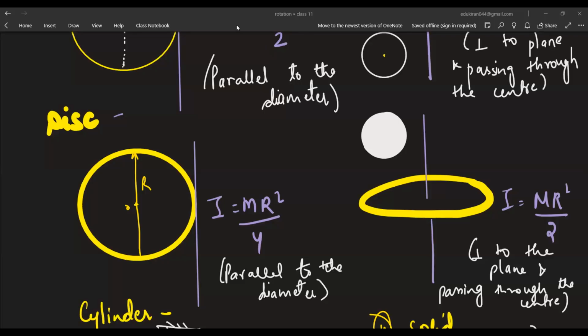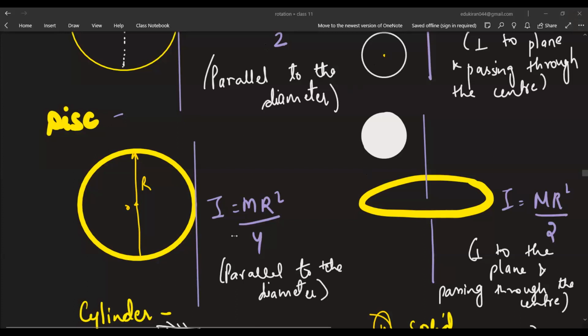No, Alina, we can't hear you. Firstly, you can type the answer. Sabiha has answered this. Jesleen has answered it. Correct. Sabiha and Jesleen, both of you are right. It is simply mr square.